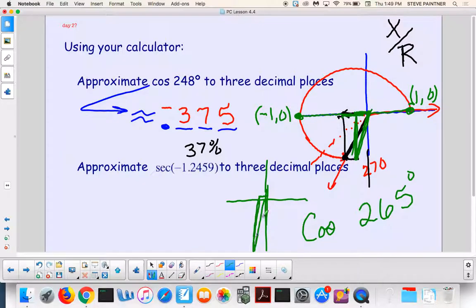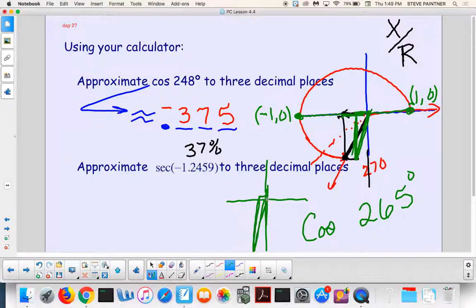You drew your triangle. How much is this compared to this? X over R. It's going to be really, really small. Type it in. What's cosine of 265? I bet it's really small, because look how small that is. What is it? 0.08. You know what it is? This piece right there is 8% of this piece.